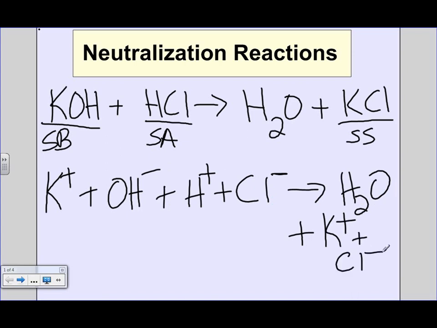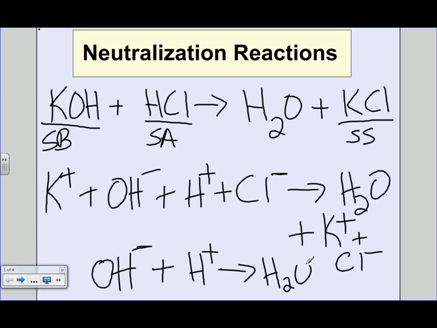Our net ionic, anytime it's a strong acid, strong base reaction, is going to be the hydroxide anion plus the hydrogen cation to produce our water. And that's always going to be the case for a strong acid, strong base reaction.